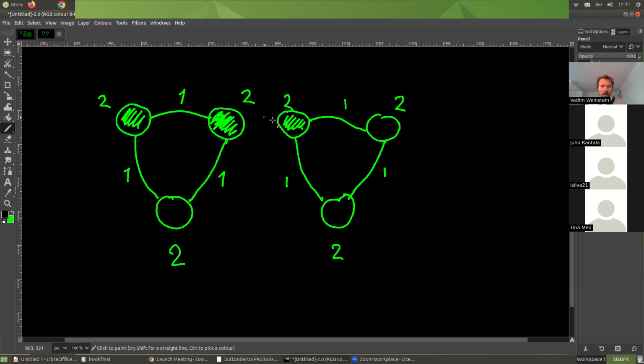Let's see if I can do it like this. So if that's 0, this is a stable state. Everything receives -2 from everyone, and so this is a stable state. Okay, what if I update this first? This receives -1 and 1, nothing will happen.